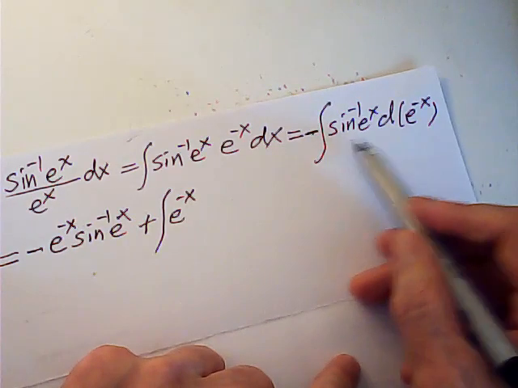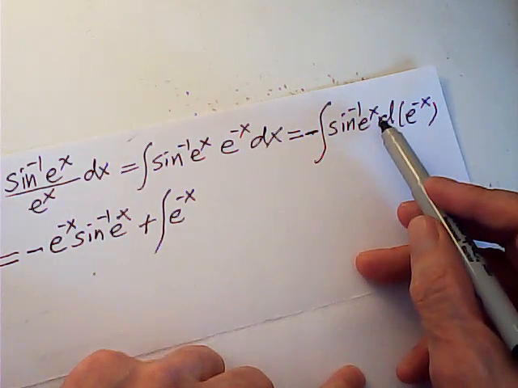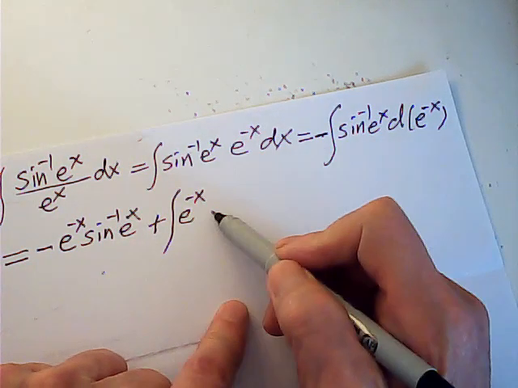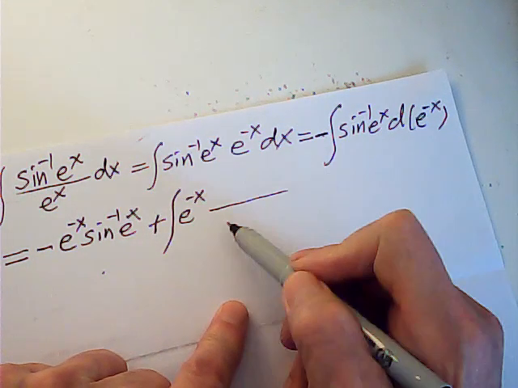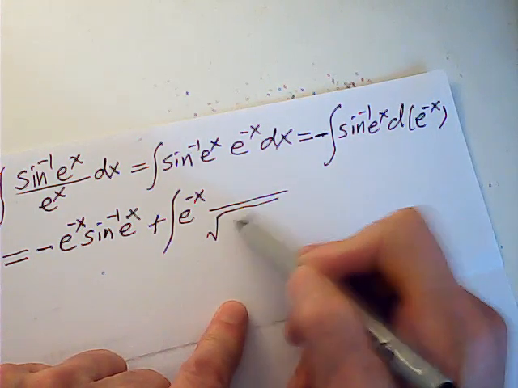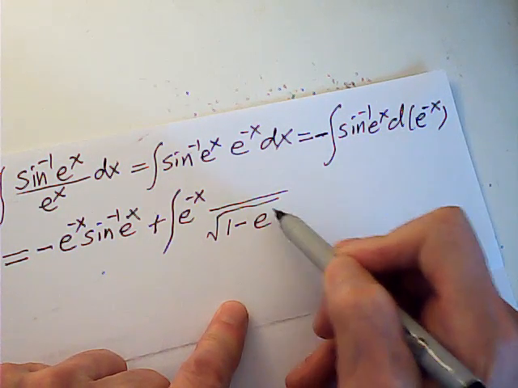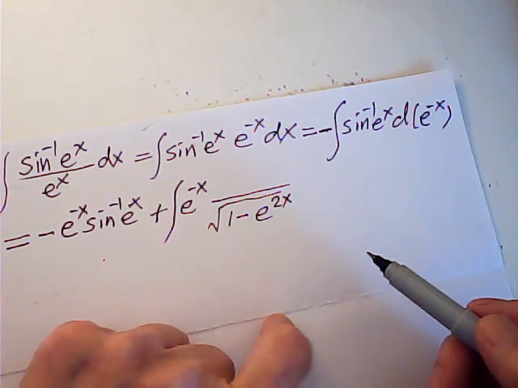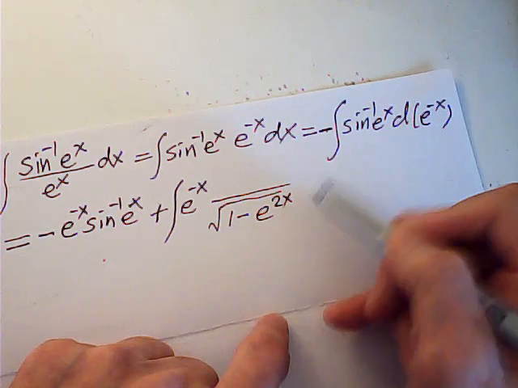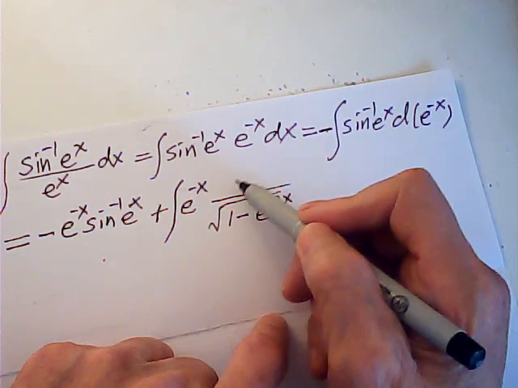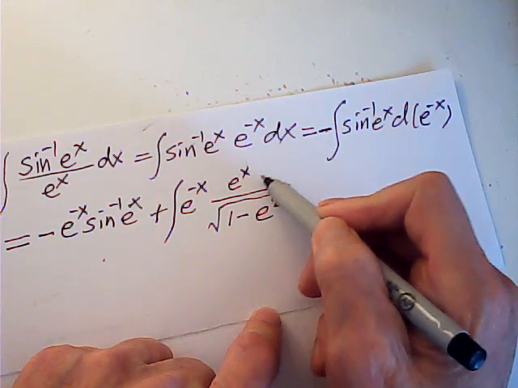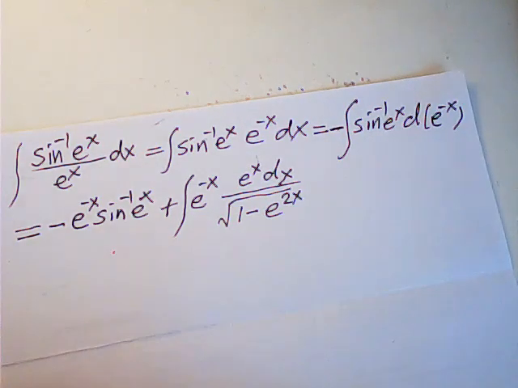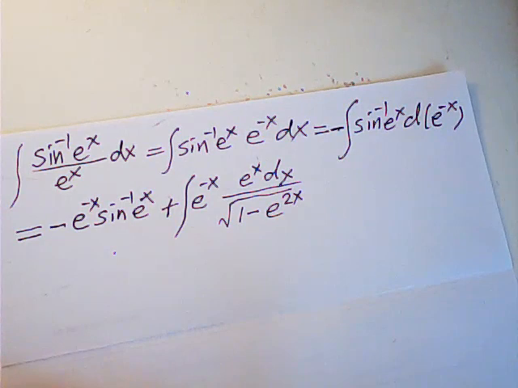Du is the derivative of sine inverse e to the x with respect to x. So that will be equal to 1 over the square root of 1 minus e to the x squared, right? Then the derivative of e to the x, that is e to the x, and dx. Yeah, that's good.